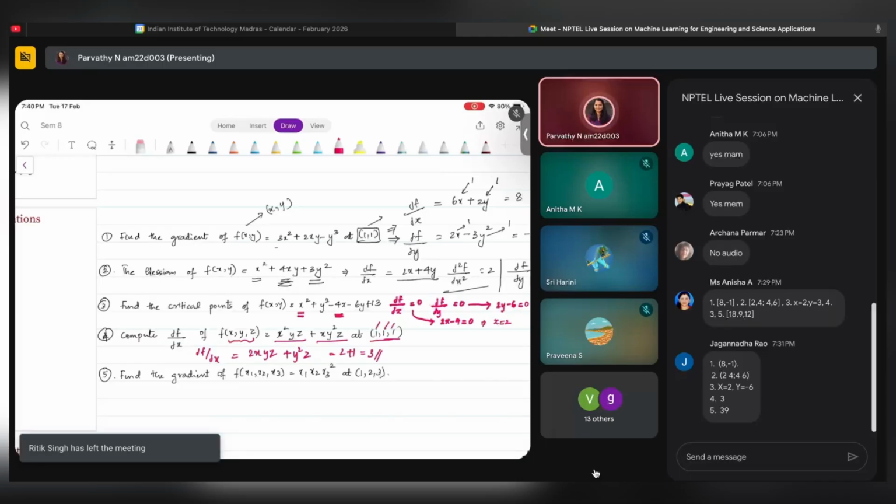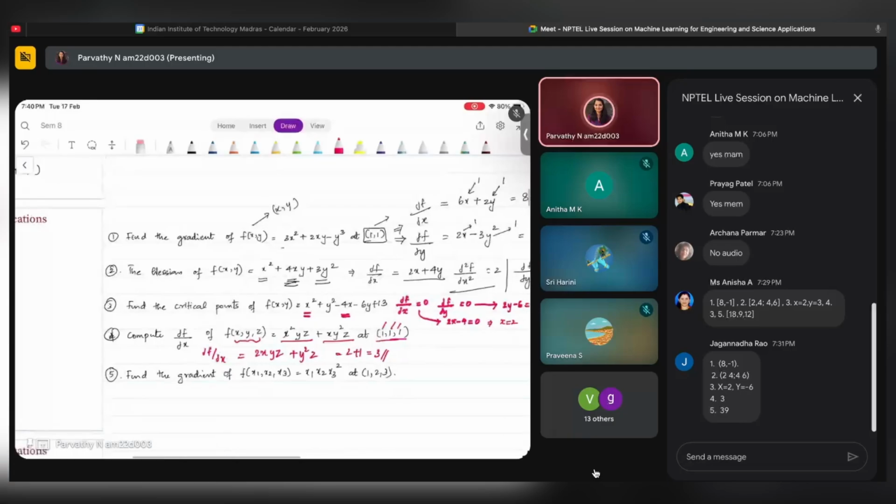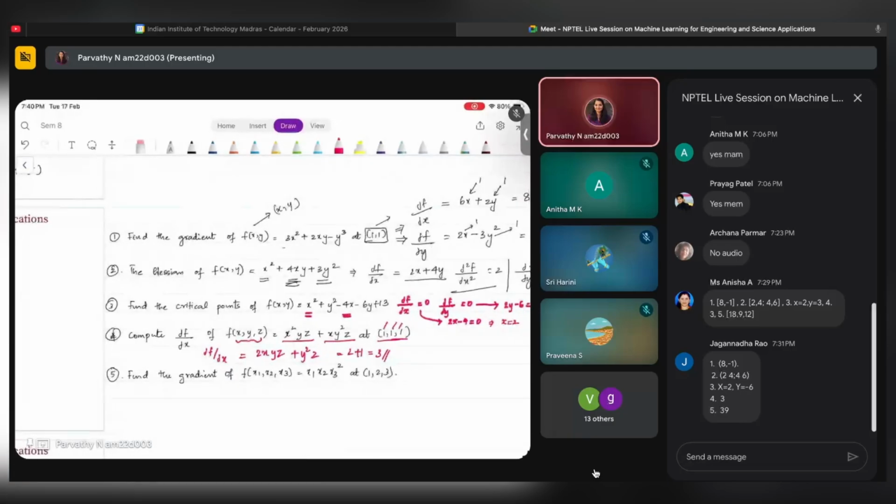Find the gradient of f of x1, x2, x3 equal to x1 x2² x3² at 1, 2, 3.